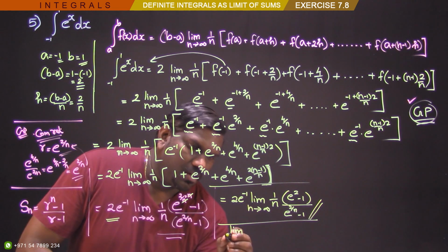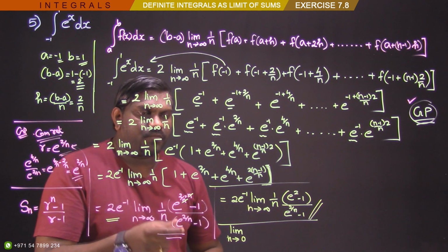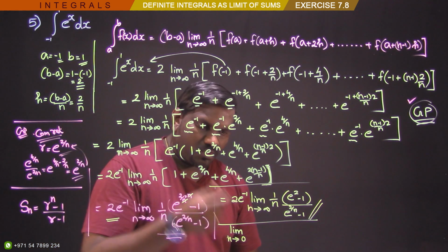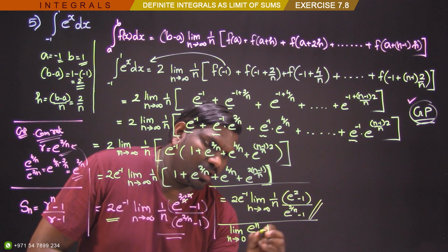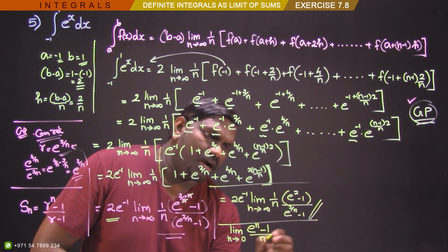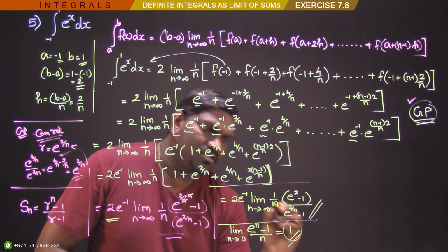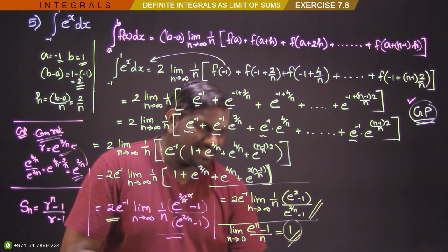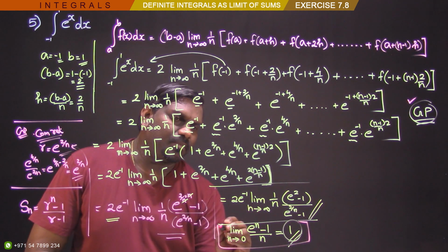Now n tending to 0, if limit n tending to 0 of e raised to n minus 1 by n, we have studied that this answer is going to be 1. This is something really important, dear. Just keep it in your mind.